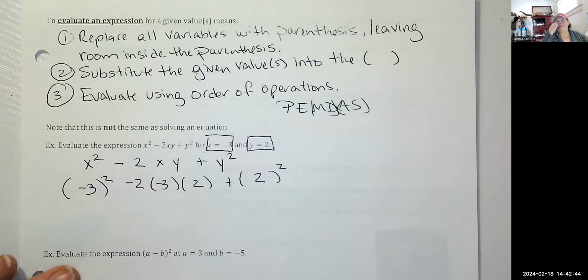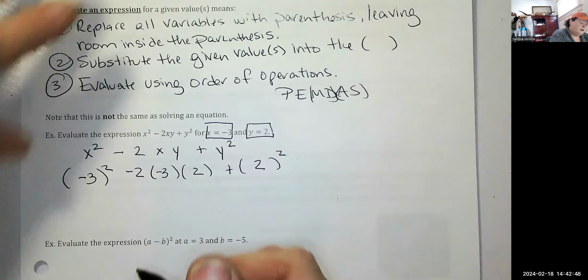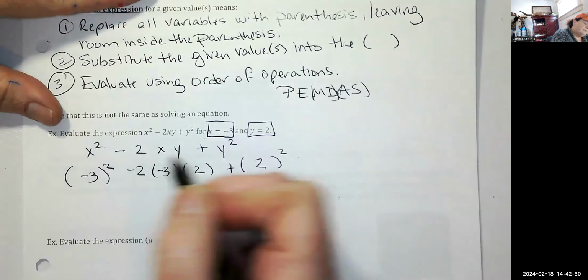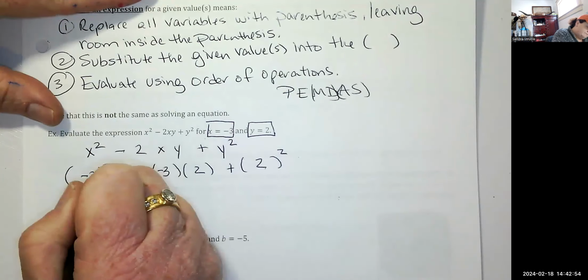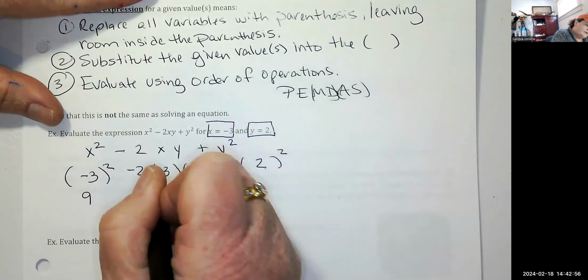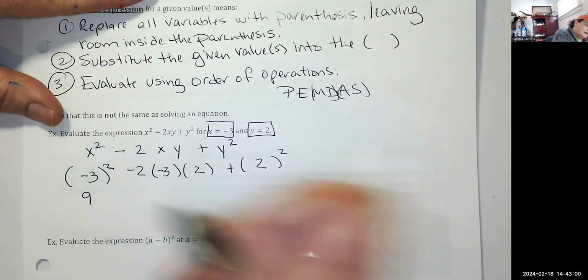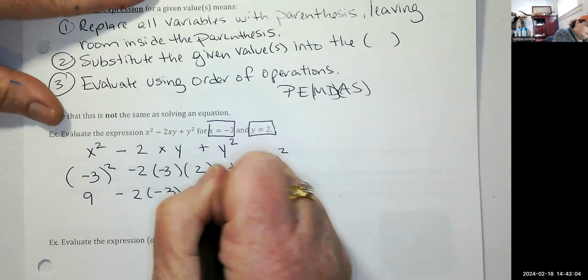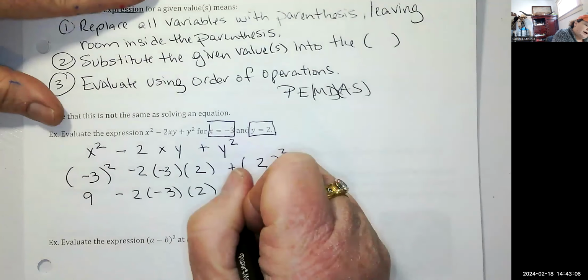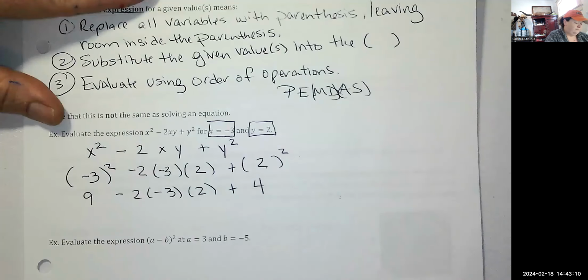Now that we've substituted, the last piece here is just evaluate. So -3 squared is -3 times -3, which is 9. And then we've got -2 times -3. I'm just going to bring those down. -2, -3, 2. I'm going to do my exponents first. Plus 2 squared is 2 times 2, which is 4. All right.